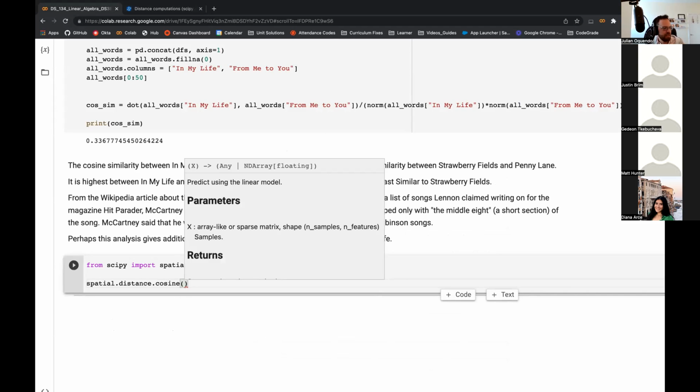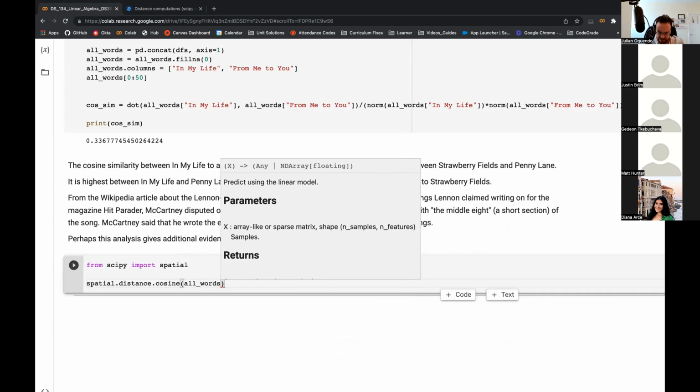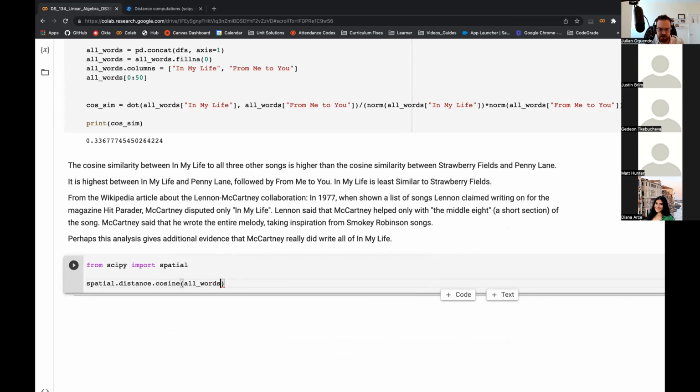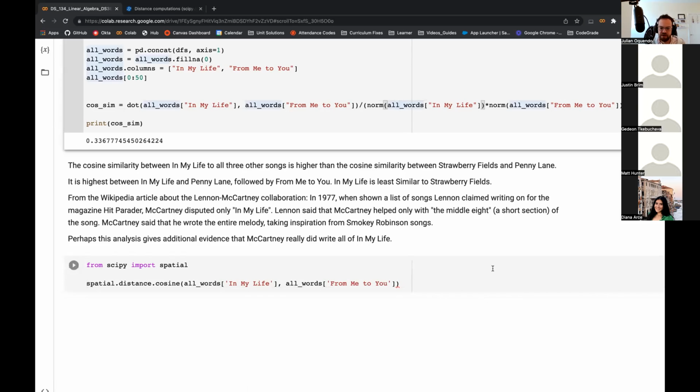And we understand that we need a set of arrays. We've actually ended up building those arrays as part of pandas columns. So if I've got my first value, all words, in my life, and my next array is all words from me to you, that's this equation up above.